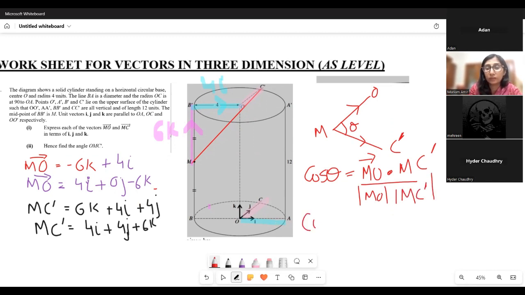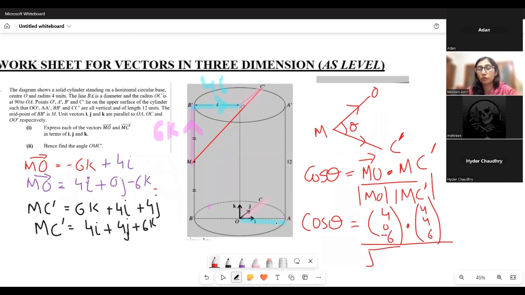Okay. So cos theta would be, now you would need column vectors. You can do it in IJK or change to column vectors. I'm going to change it to column vectors: 4, 0, minus 6 dot 4, 4, 6, divided by magnitude of both. What's the magnitude of 4, 0, minus 6? This would be square root of 4 square plus 6 square, which is 2 square root of 13.